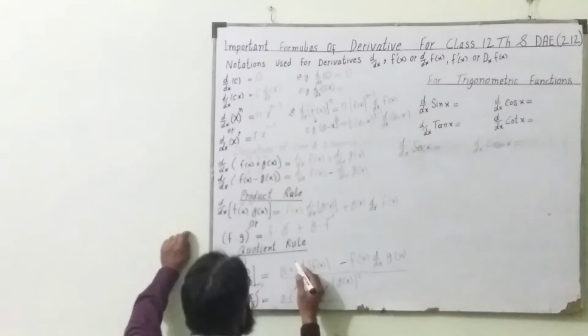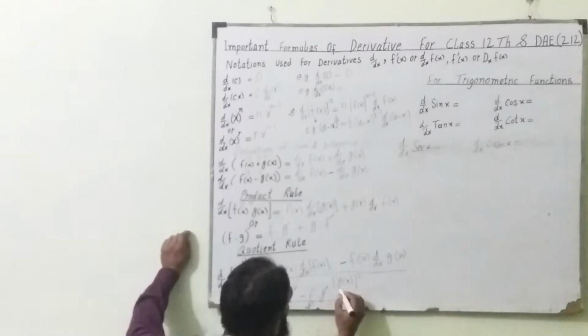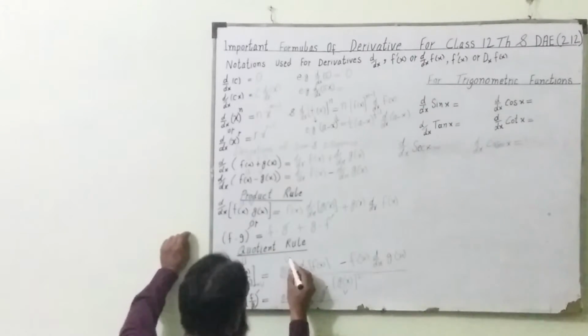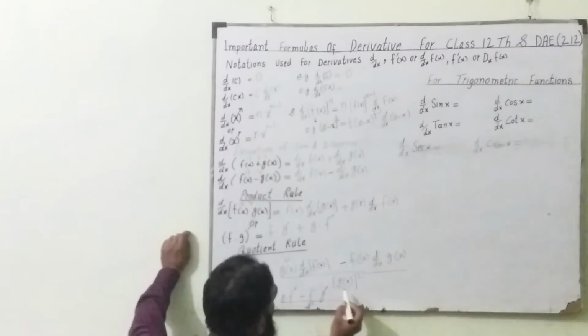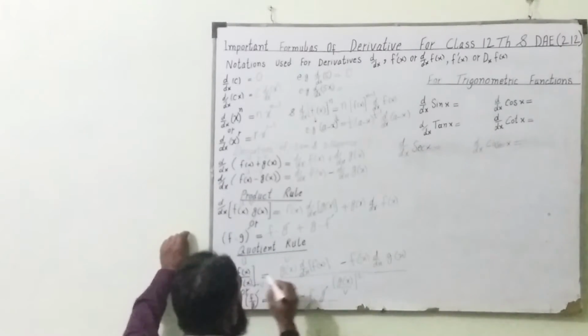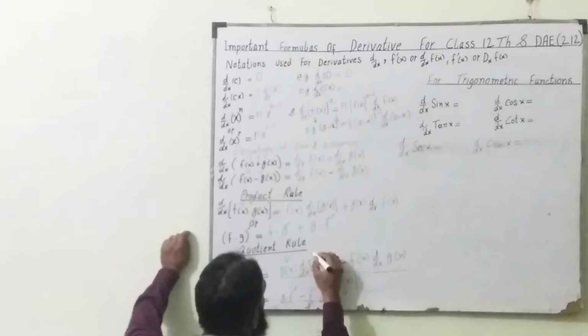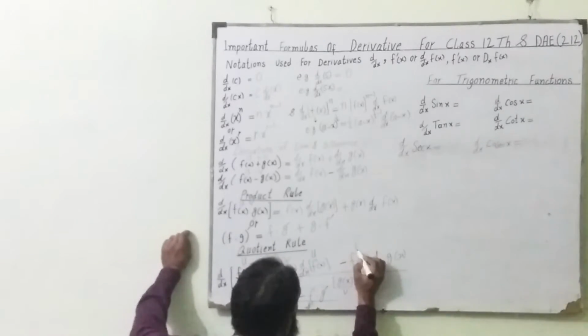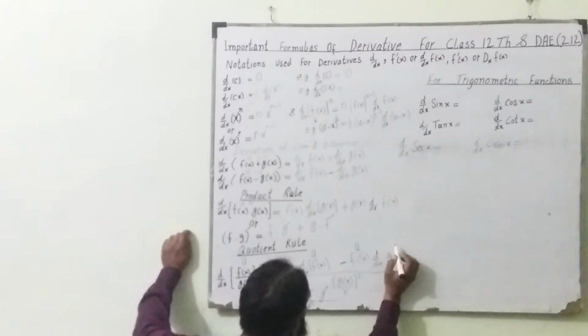It means we can use, if here u upon v, here v is the same, and here the derivative of the u minus f of x is over u, and the derivative of the v.